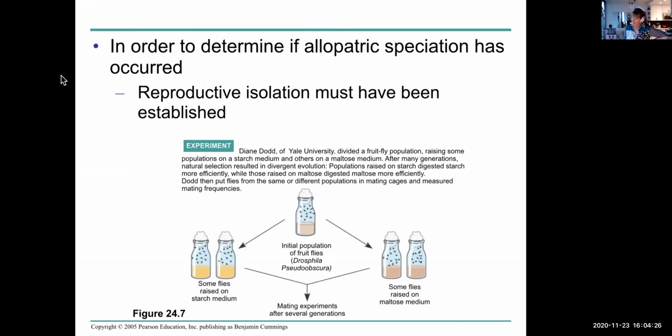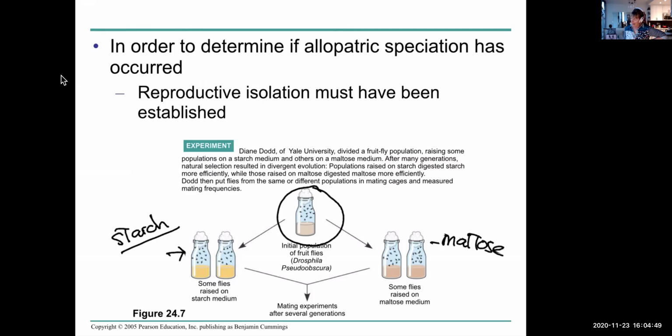So this fruit fly population, this is the initial population, and they were separated. They were separated to exist on a starch diet, and these ones on a maltose diet.